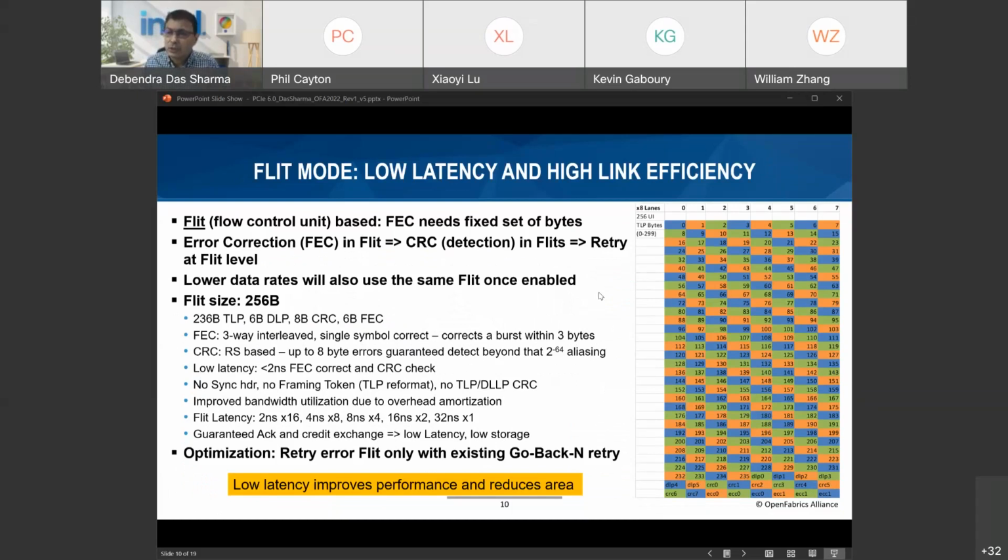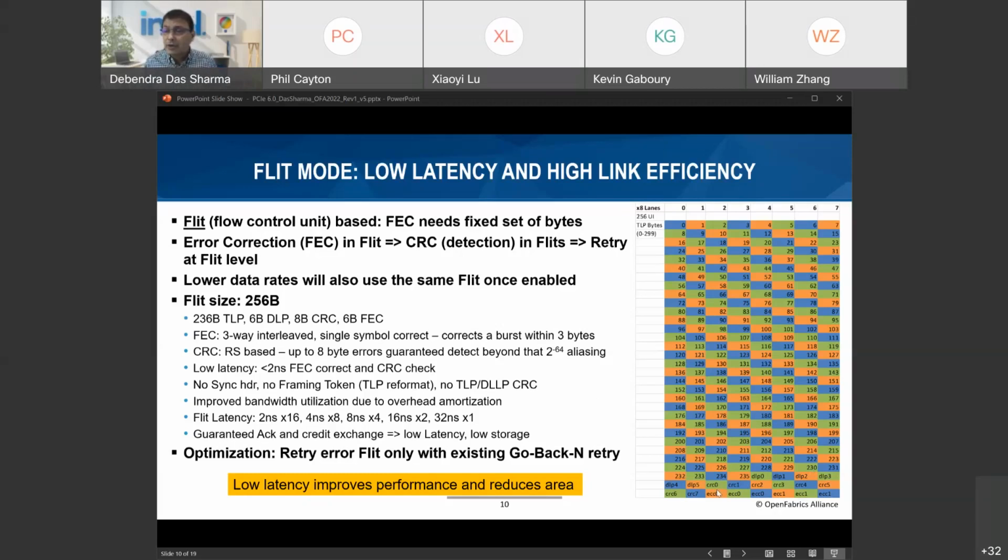A Flit is a fixed set of bytes. For us, it is 256 bytes. As you can see in the picture, out of that 256, 236 are used for transaction layer packets. We have 6 bytes of dedicated data link layer packet. These are things like ACK, NACK, and credit exchange.